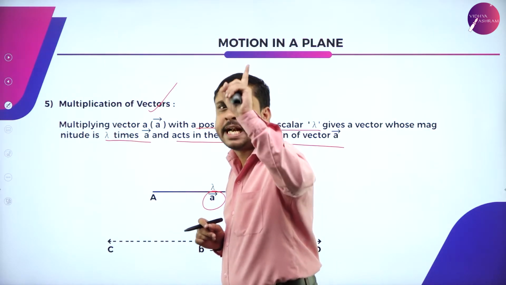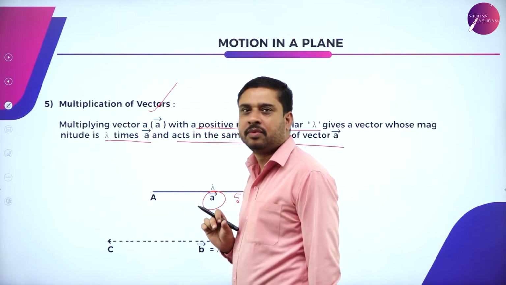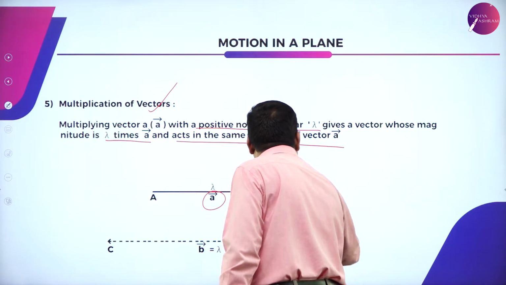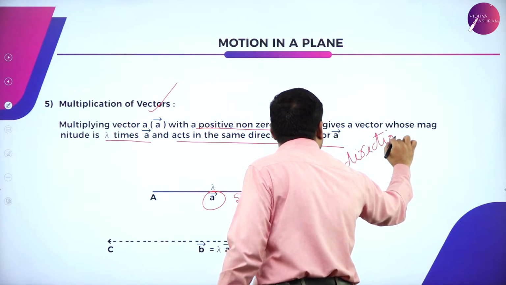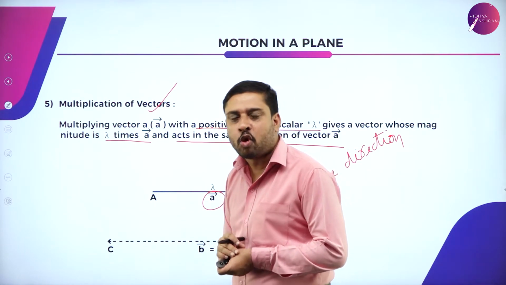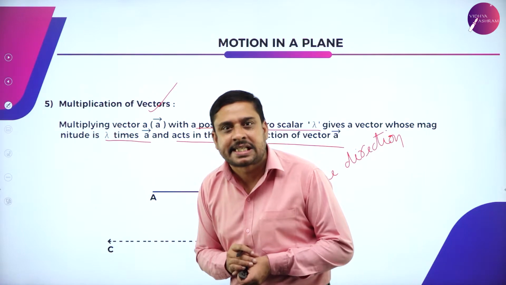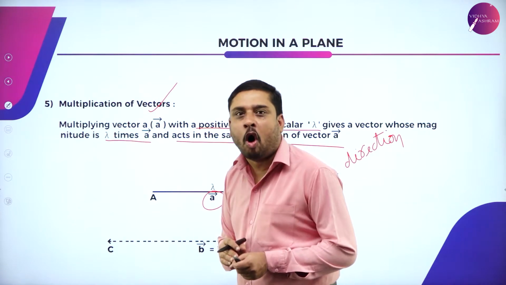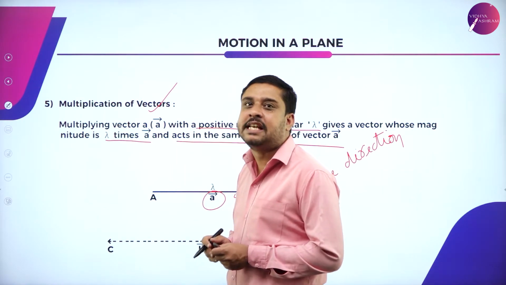First important criterion here, when you multiply a vector by a positive scalar, the resultant vector should operate in the same direction as the given vector.